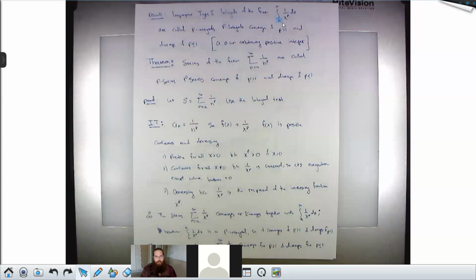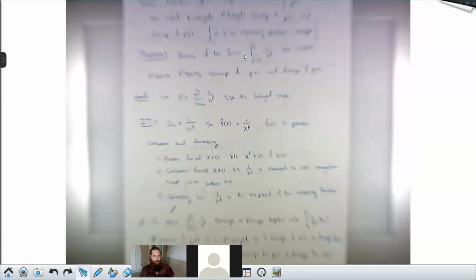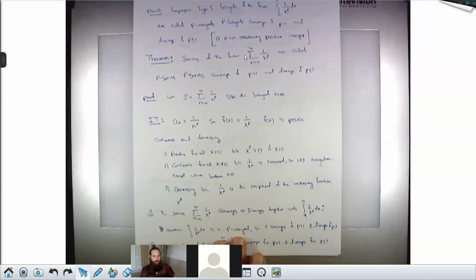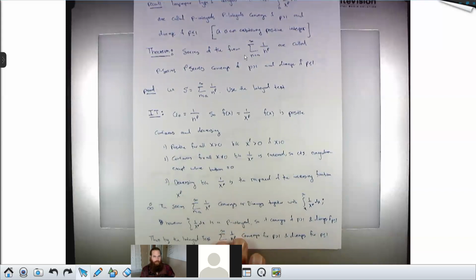So I'm using a as the lower bound here instead of 1, just so that you can say, oh, well, it doesn't matter where the series or integral starts, as long as it starts at some positive number. So this is a type 1 integral and not a type 2 integral. I can hang out on this page for just a second longer in case you have any questions or things you want to look at.